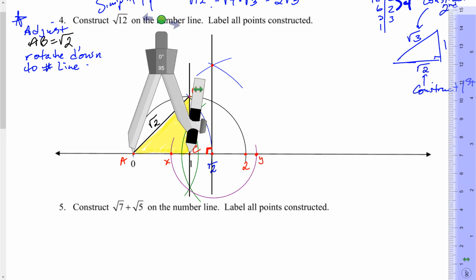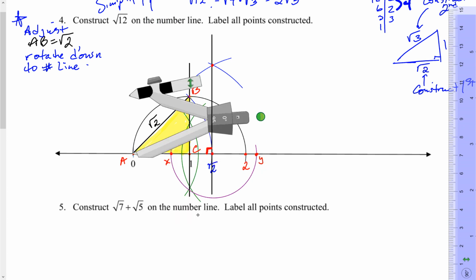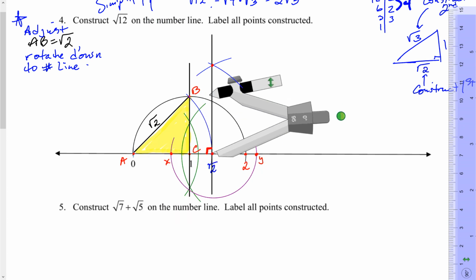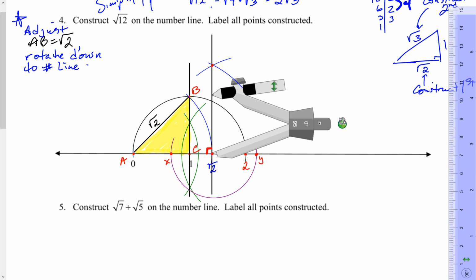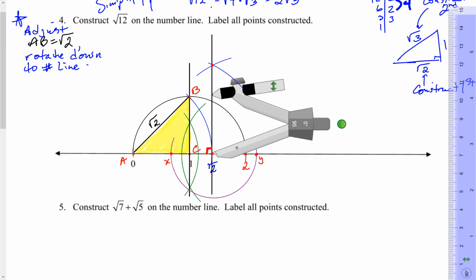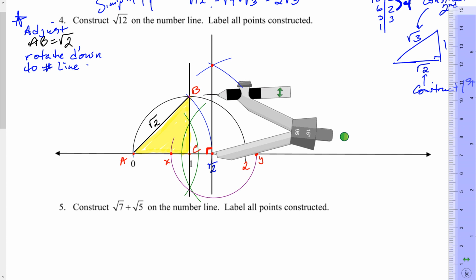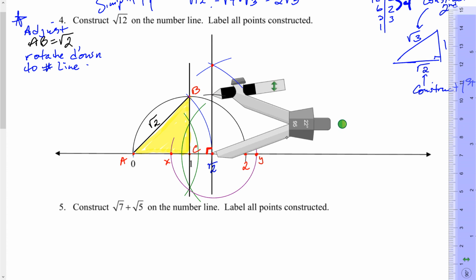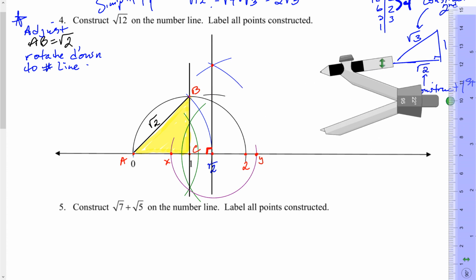Now what I'm going to do is bring it over here to root 2 and then figure out where length 1 is. So watch closely now. I've got it right at root 2, and the radius is set at 1 unit. Construct a little arc there, and it'll show you where the 1 unit length is.